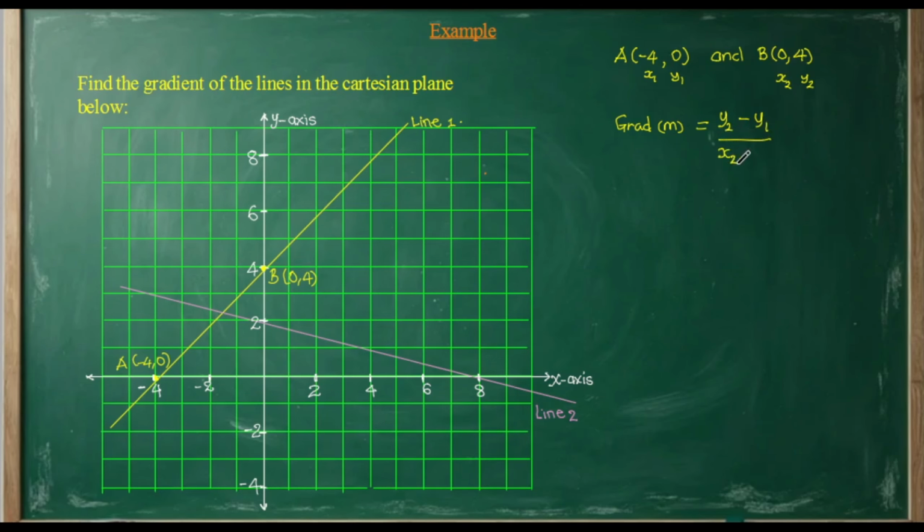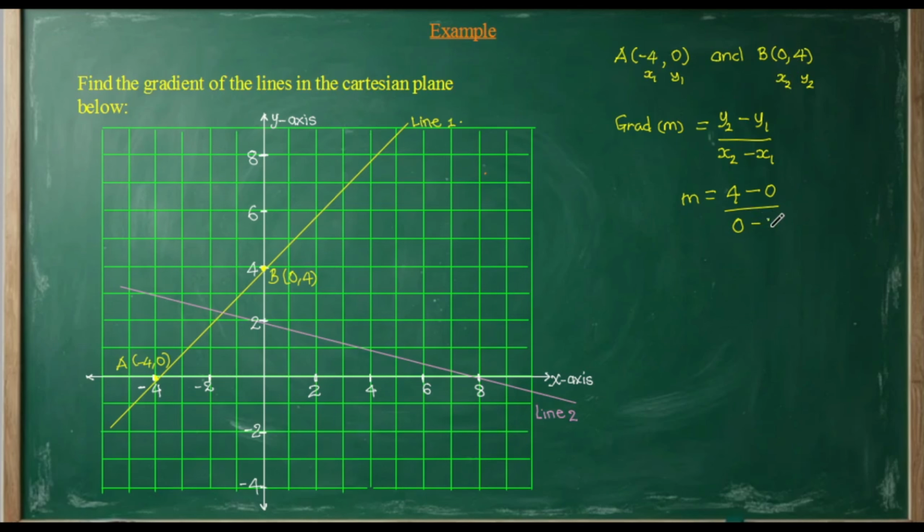And then we can make our substitution here such that y2 in this point is 4 minus y1 here is 0, and then x2 here is 0 minus x1 is -4.